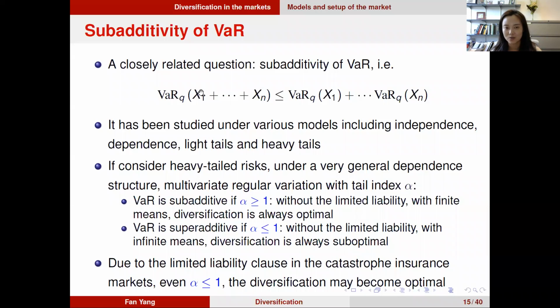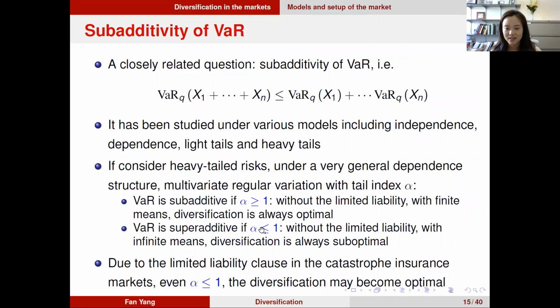So without limited liability, when the marginals have finite means, that means alpha greater than 1, then diversification is always optimal. Under the MRV setting for the heavy tail, when the tail is not that heavy, alpha greater than 1, a finite mean, then it's always subadditive. So in our language, that means diversification is always optimal.